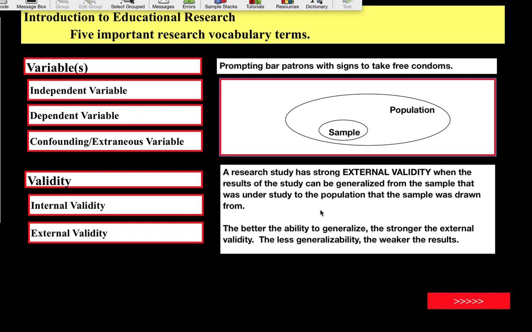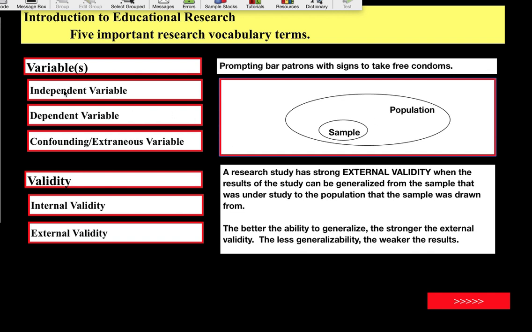The less generalizability of the results, the weaker. So, if the researchers do a study and they select a sample, and their research study has strong external validity, then the results can be generalized from the sample to the population that the sample was drawn from.